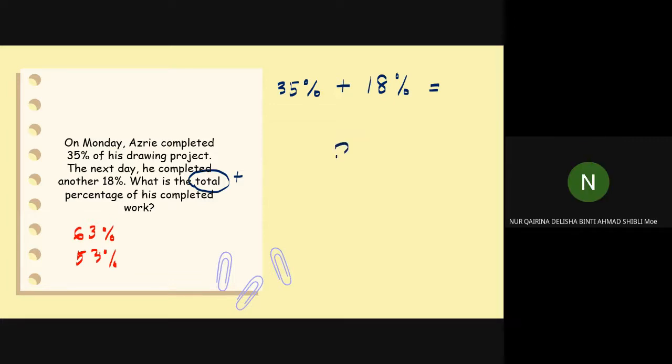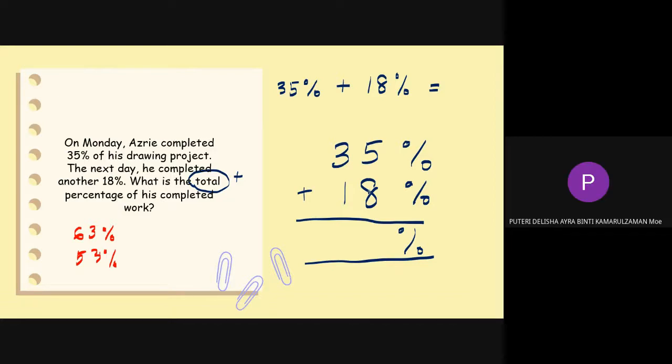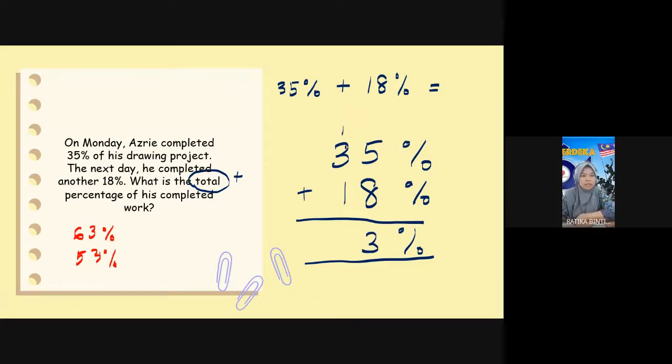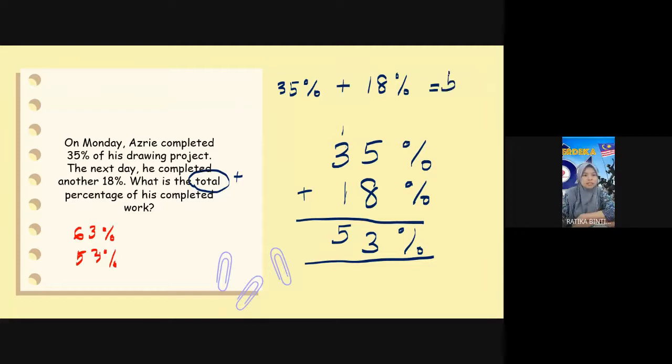So, arrange as usual. 35% and also 18%, plus, don't forget the percent sign. Okay. 5 plus 8 is 13. So, 3 at the bottom, carry 1 up. 3 plus 1 plus 1 is 5. So, your answer is 53%. Very good. Simple, right?